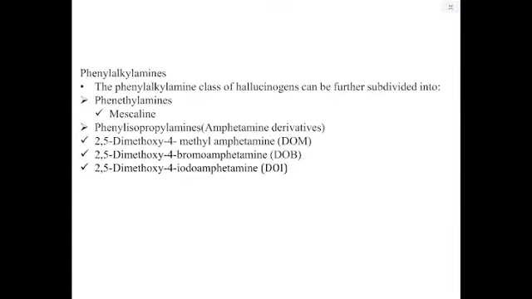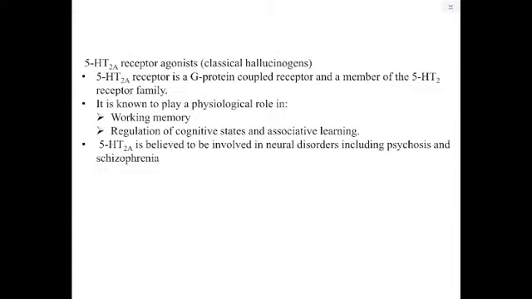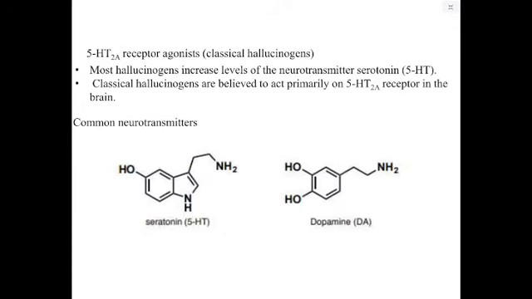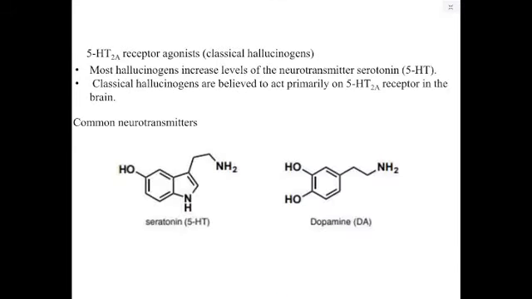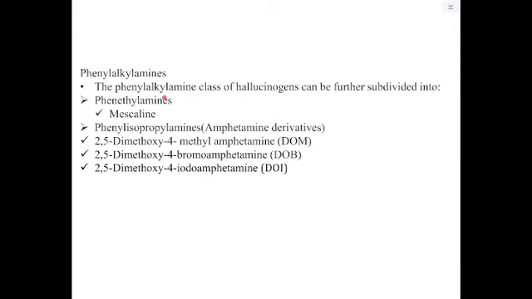Those are the first class, where we are talking about the 5-HT, where we are talking about the introduction, and the first in the introduction is on the 5-HT agonists, and then we can now look at the various classes. And we are starting with the phenylethylamine.